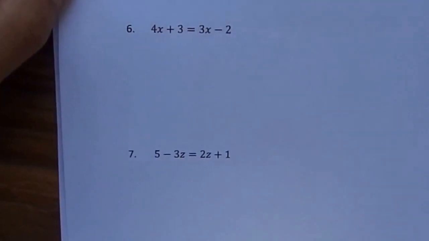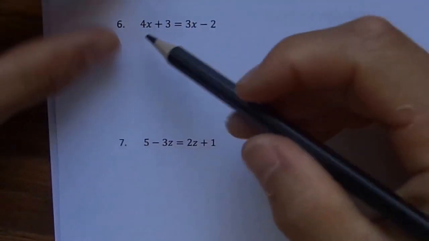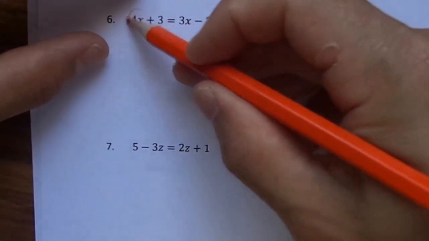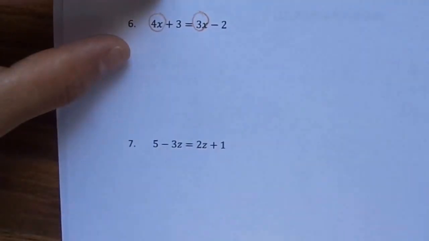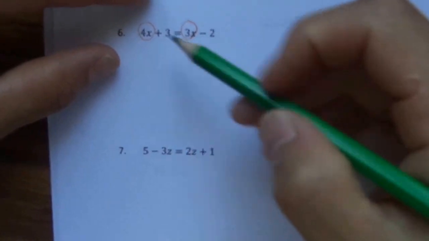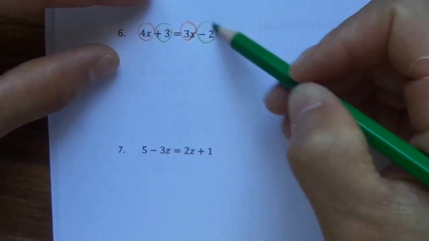Alright, that's for the first 5 questions. Now for the next 4, it gets a little bit more complicated. However, exact same idea. So here we need to identify where the variable is. We notice there's an x here, an x here, 4x, 3x, and then there's a single number there and a single number there.